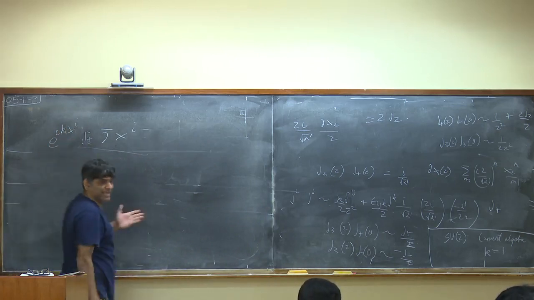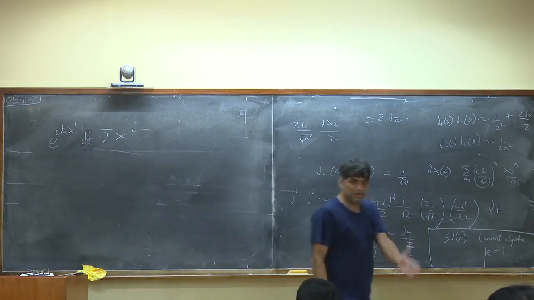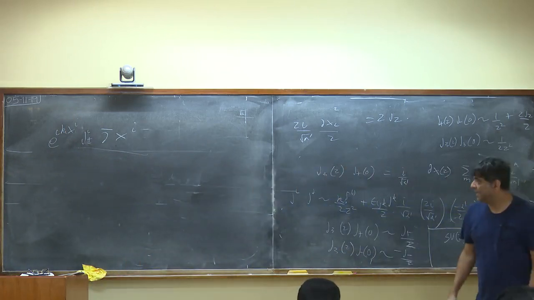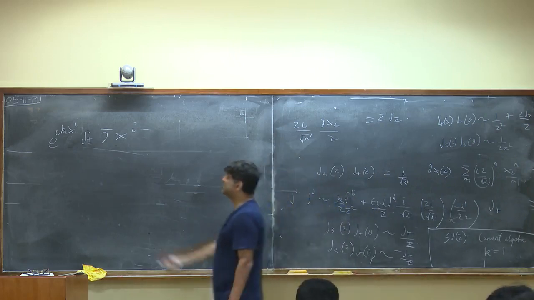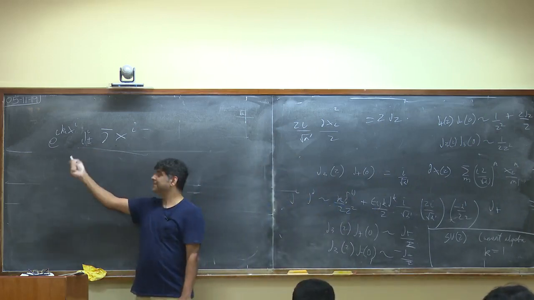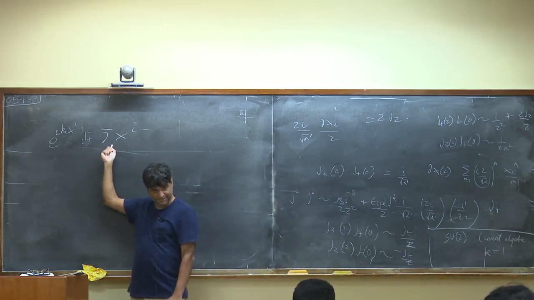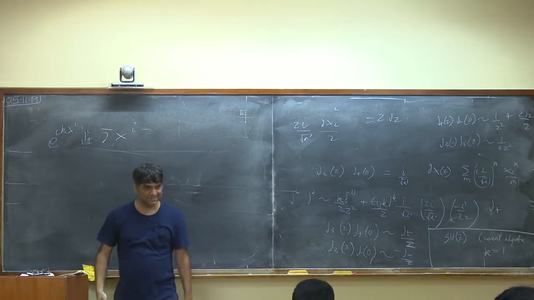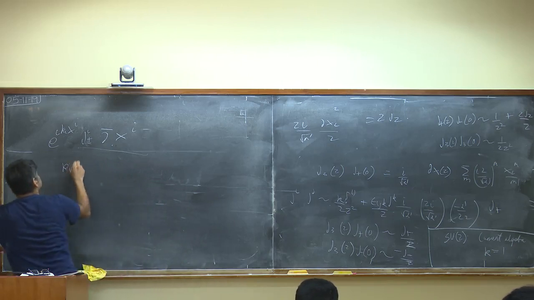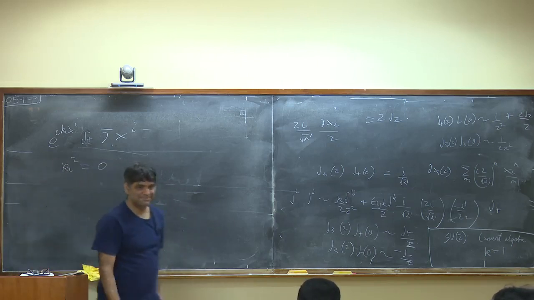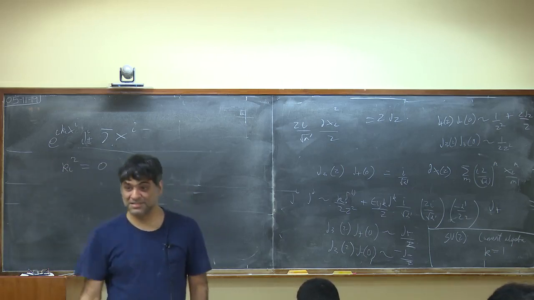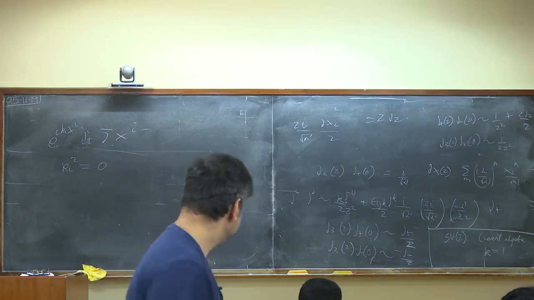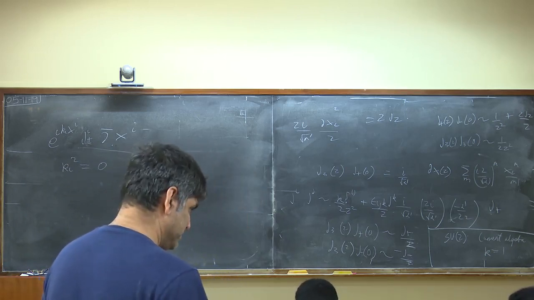This is a normal k_i because the X^i are non-compact. This guy already has L0 equals 1. This guy already has L0 bar equals 1. Therefore, this guy has to have L0 equals L0 bar equals 0, and therefore we have to have k_i squared equal to 0. So this is a massless mode.